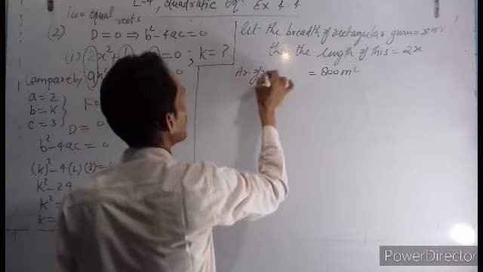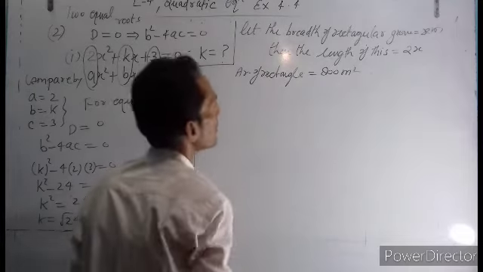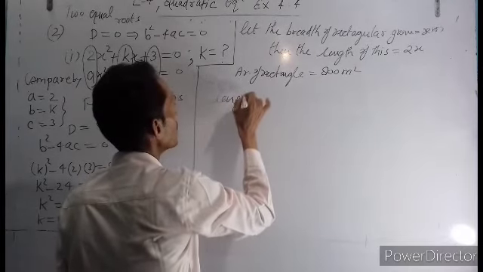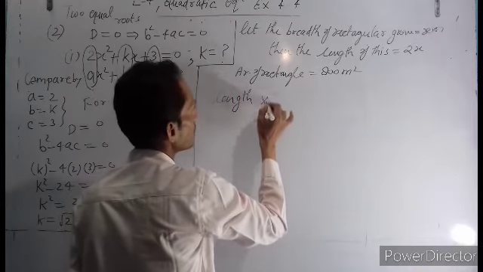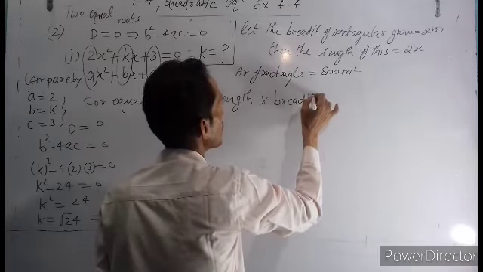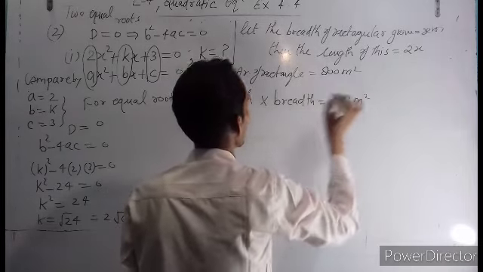Area of rectangle, you given 800 meters. Area of rectangle, what will? Length into breadth equal to 800 meter square.